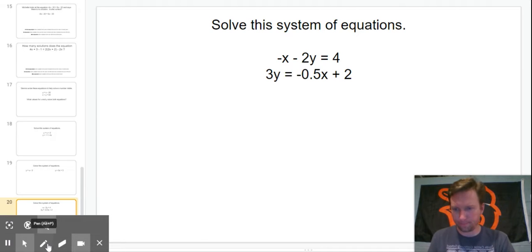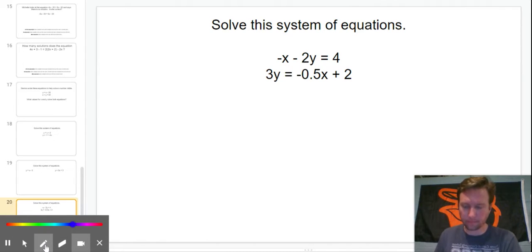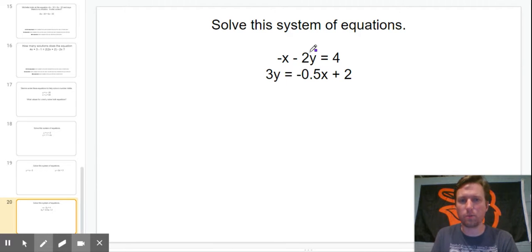So what I'm going to do, let's show you my steps, is I have my 2y here on this side of the equal sign. I'm going to move my x over to this side, okay? Because on my second equation, my x is on the right-hand side. So if I'm trying to get my x from here to this side, what do you think I'm going to do?